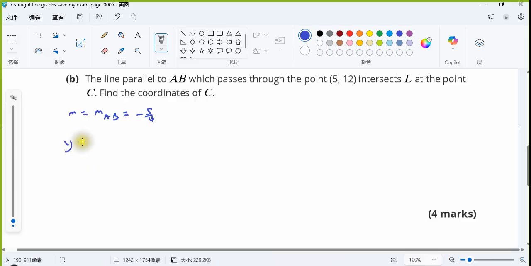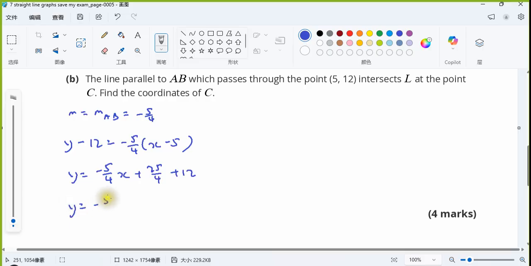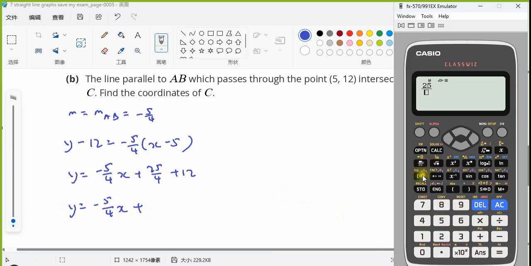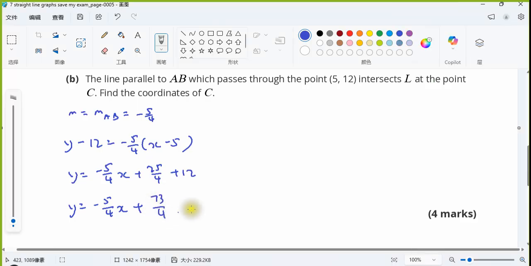So we have y minus 12 equals -5 over 4 times (x minus 5). So y equals -5 over 4 x plus 25 over 4 plus 12. So y equals -5 over 4 x plus, 25 over 4 plus 12 is 73 over 4.